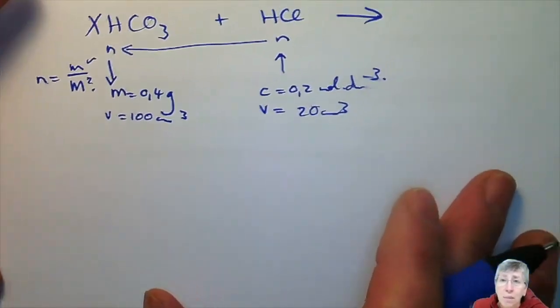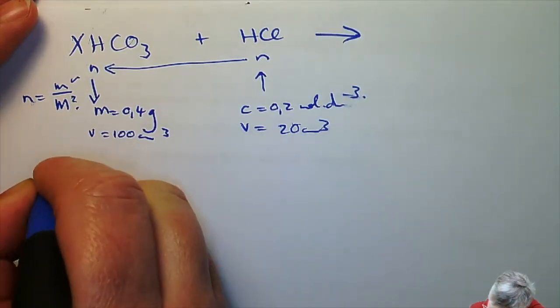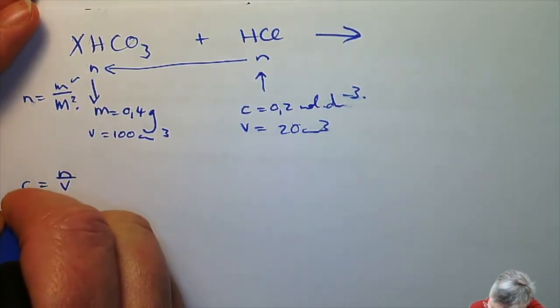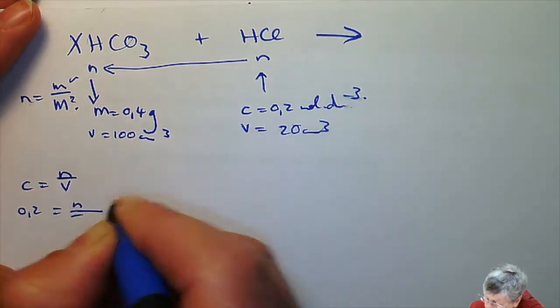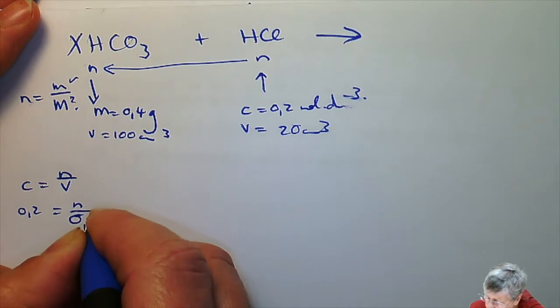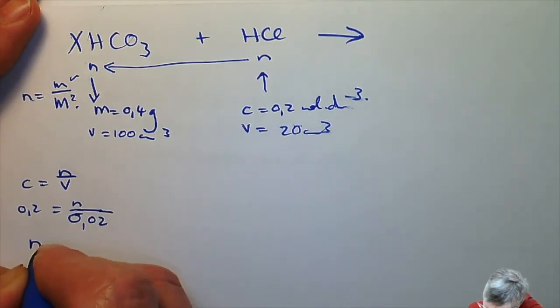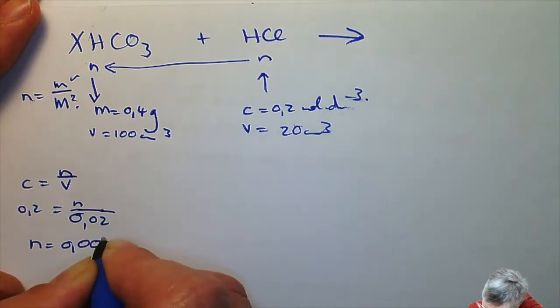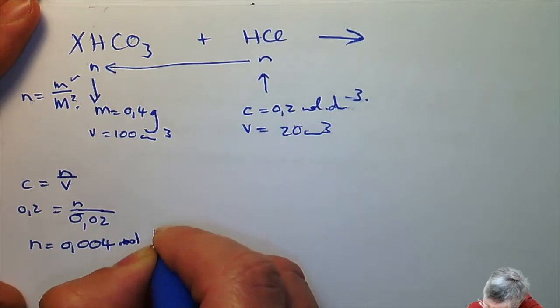So let's start first with that concentration. The concentration is 0,2 and the volume is 20 cube centimeters. So that will be 0,02 to go to cube decimeters, ending up in 0,004. And that is now moles of HCl.